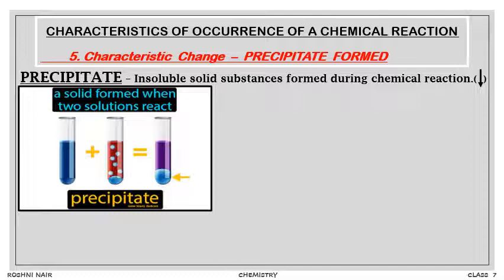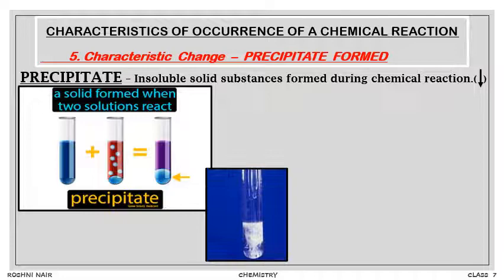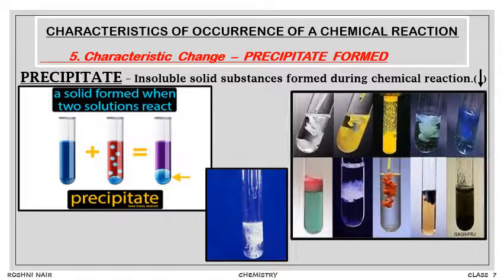Here you can see a test tube which has a white color precipitate formed. It is not compulsory that it will be white or blue in color; depending on the type of chemical reaction, the product formed will have different colors of precipitate.